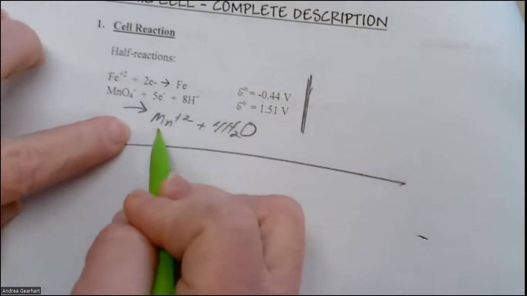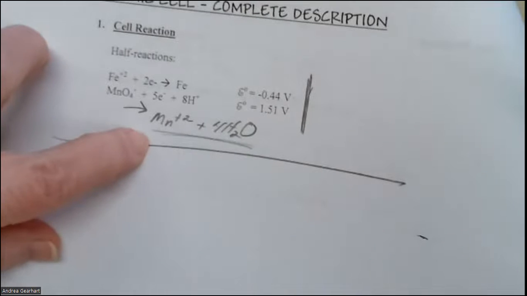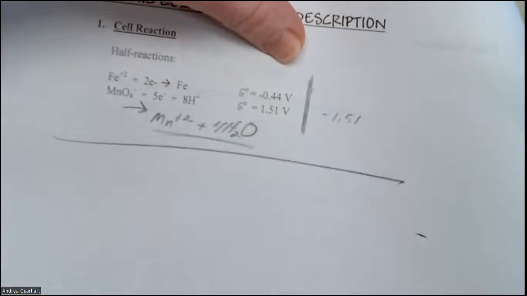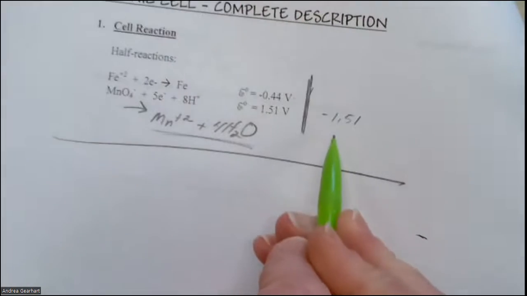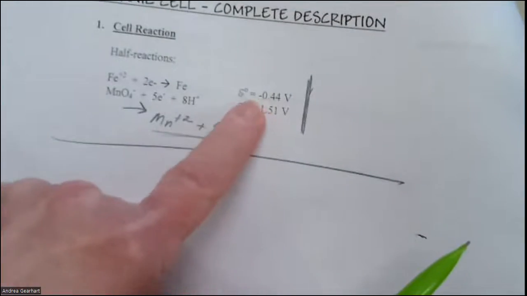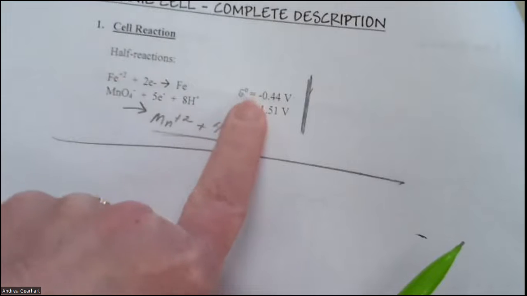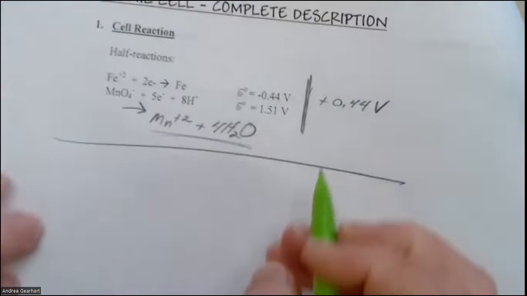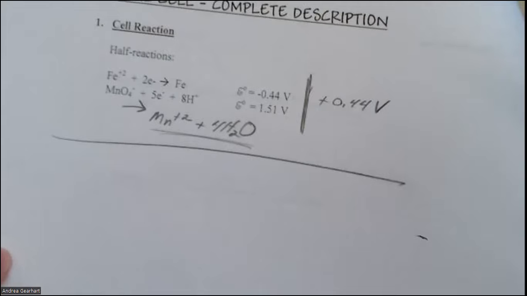Well, if I make these products the reactant, then this is going to be negative 1.51. And then I'm just going to get a bigger negative number. Whereas if I make this the oxidation, then I get a bigger positive when I add them together.